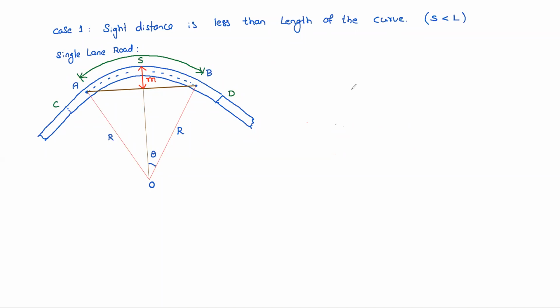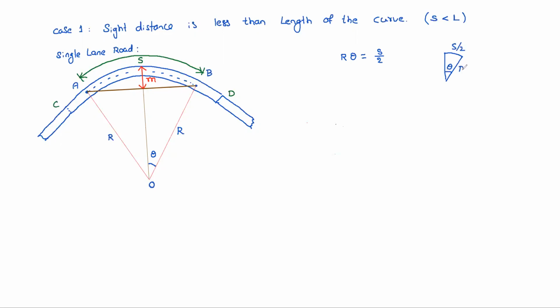Then you know that R into theta equals S by 2, the arc formula. This is S by 2, this is theta, this is R.